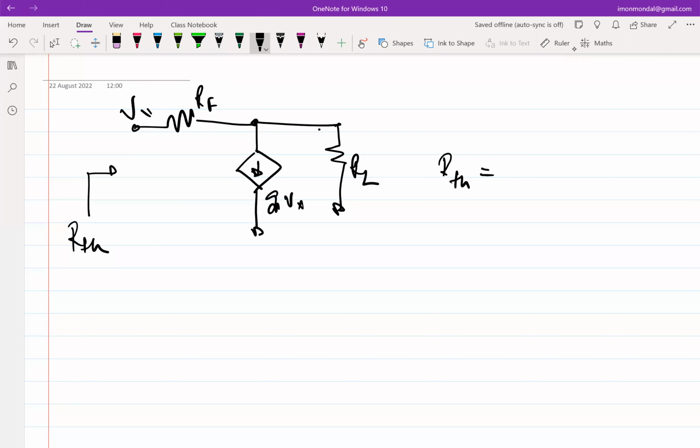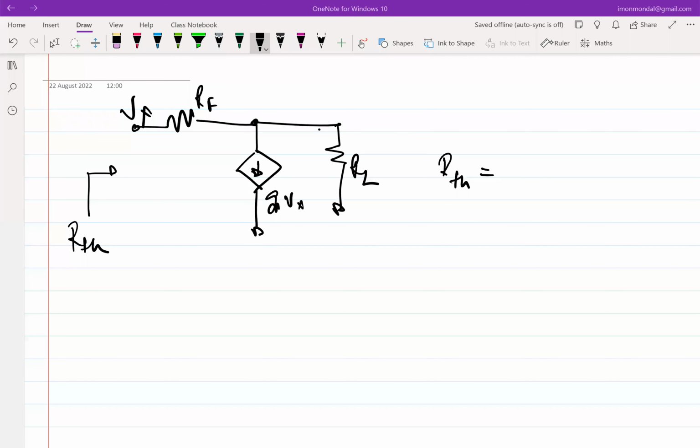Okay, so this is Vx, right? RF plus RL. RF or RL?